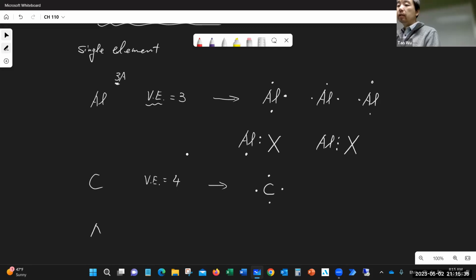How about nitrogen? Nitrogen is in group 5A, so the valence electron count is 5. You assign single dots on each side first, but they have 5, so you assign 4 dots.